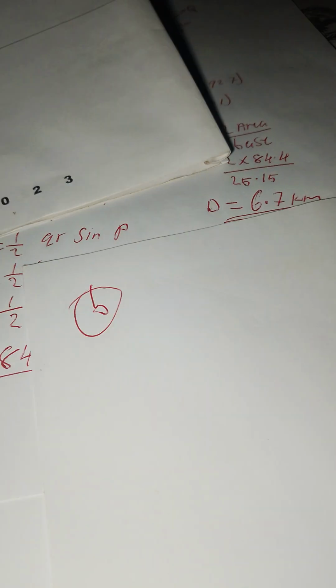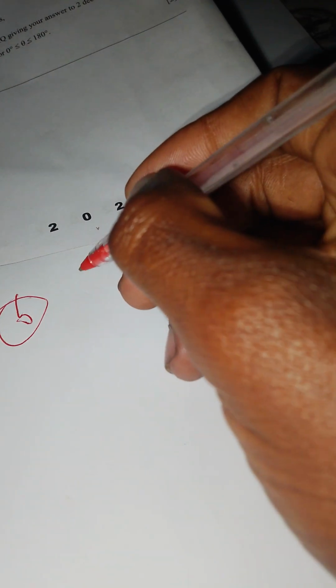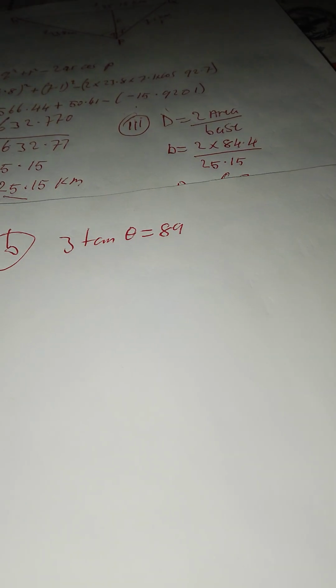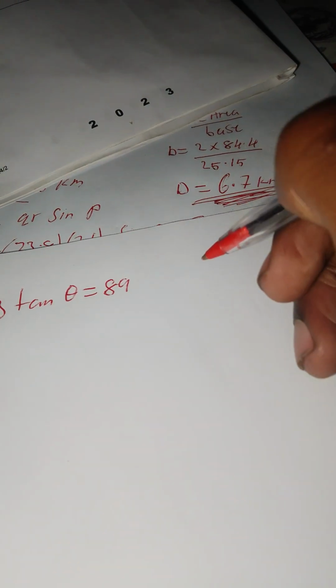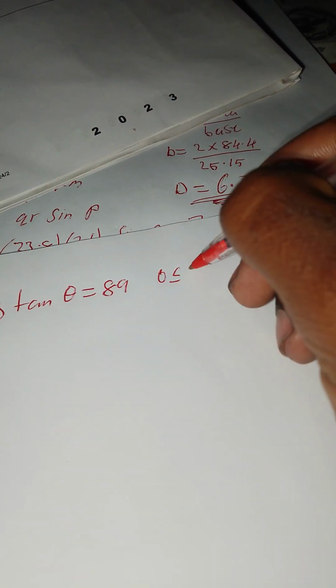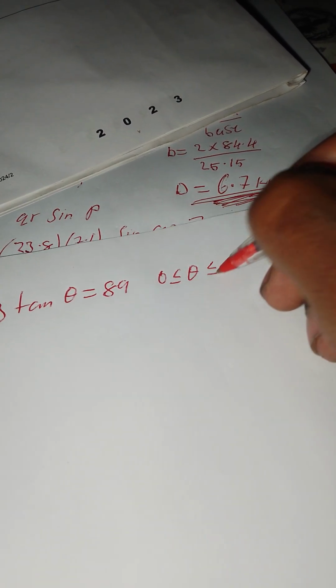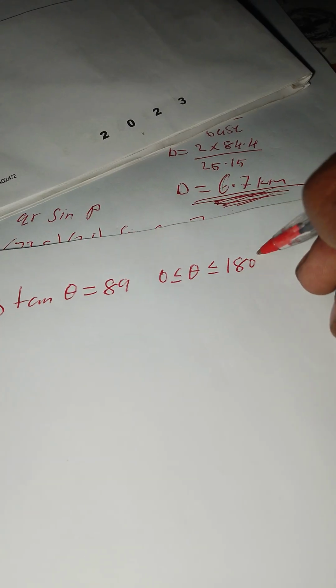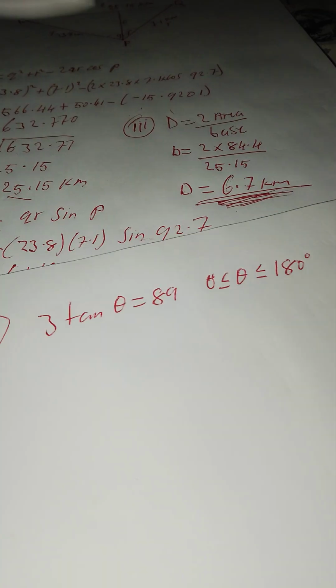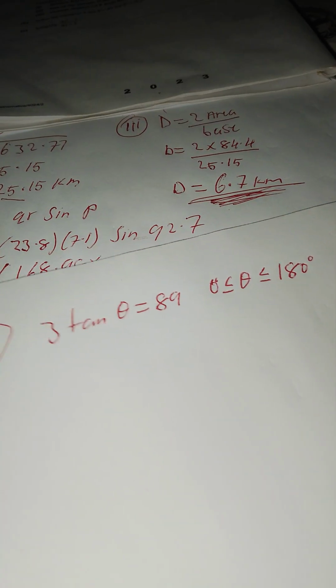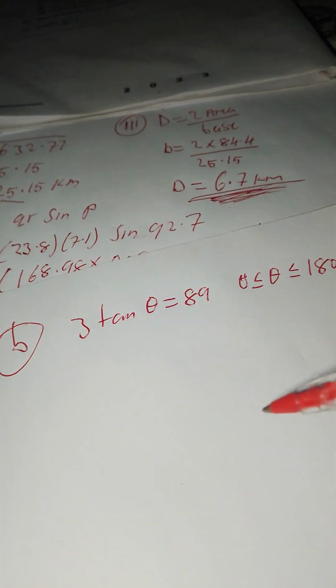Check out the equation you are given: 3 tan theta is equal to 89, on the range 0 less than or equal to theta less than or equal to 180 degrees. All you have to do is make theta the subject of the formula.